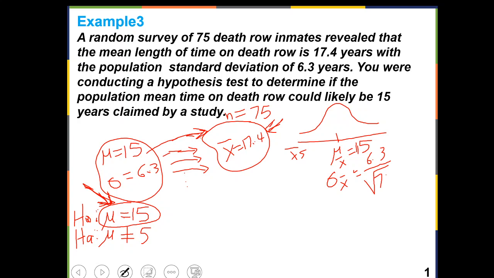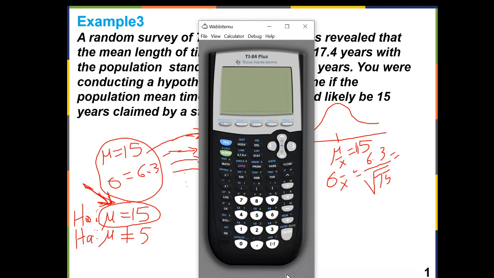Square root of 75, which when you put in the calculator, you're going to get about 0.7. Well, let's put it in a calculator and see. So we're going to get 6.3 divided by square root of 75, which is 0.727. Okay, that's the point right there.